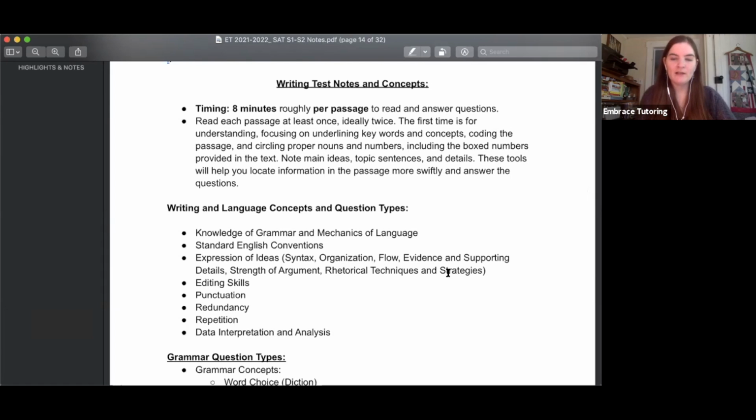Also underlining keywords and concepts, but I think for this section it's more beneficial to identify key information in the questions than it is to find key information in the text, because it's not as much of a reading comprehension question as it is your ability to be a writer and an editor, and the audience member, to be able to act as all of those at once to help you understand, is this author's message being conveyed effectively?